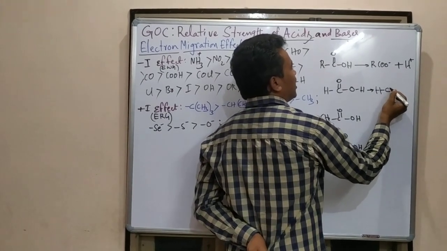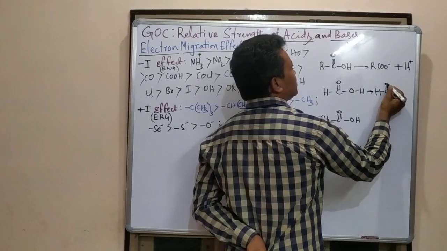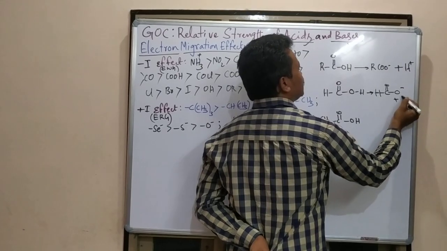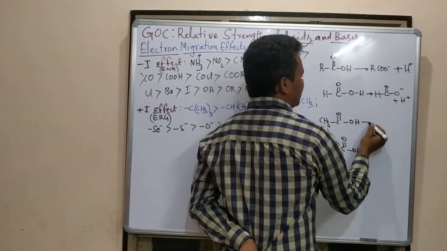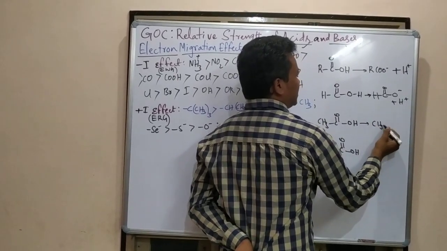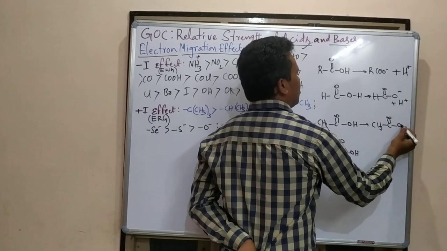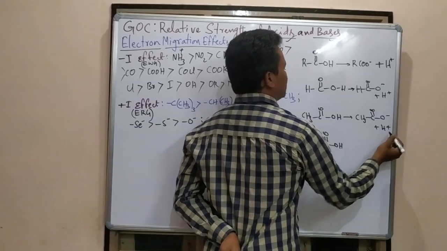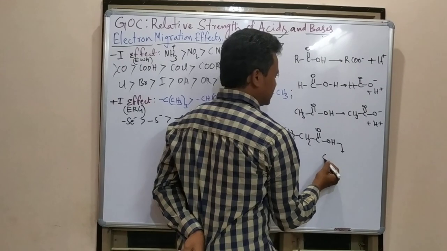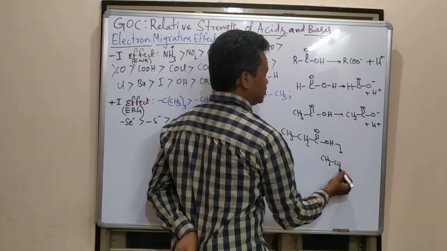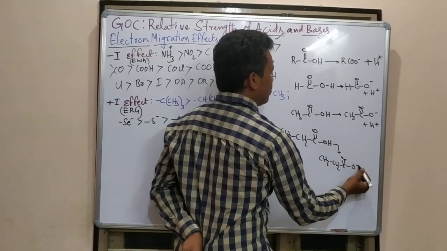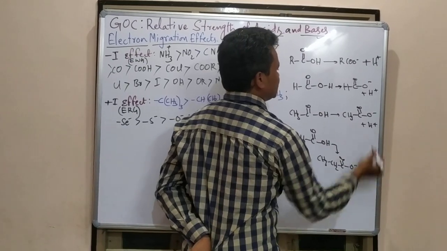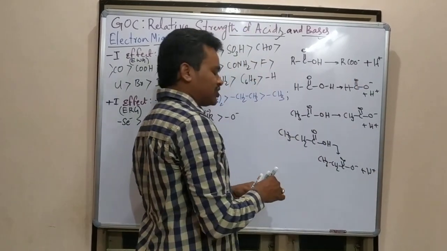Losing H plus ions gives HC double bond O minus plus H plus. Second one, CH3 C double bond O minus plus H plus. I am writing CH3 CH2 C double bond O minus plus H plus. Everybody is an acid, and I want to know which is the strong acid.